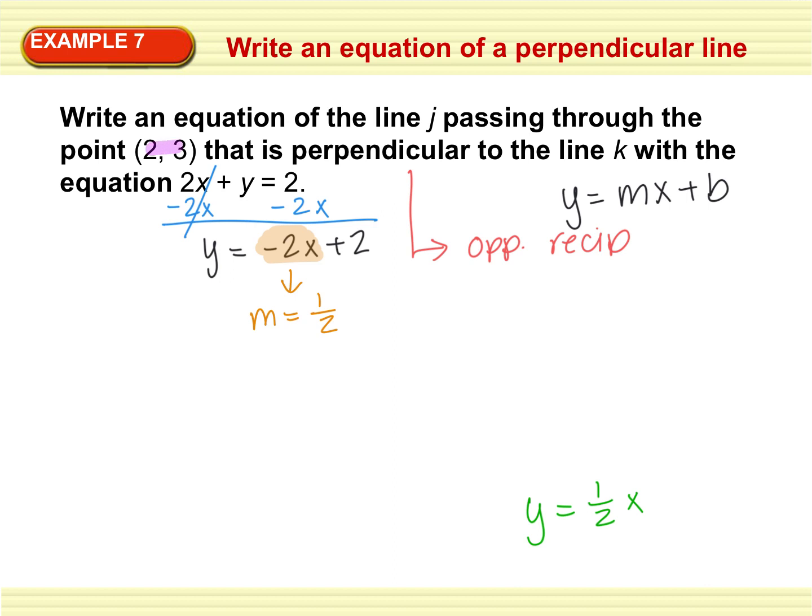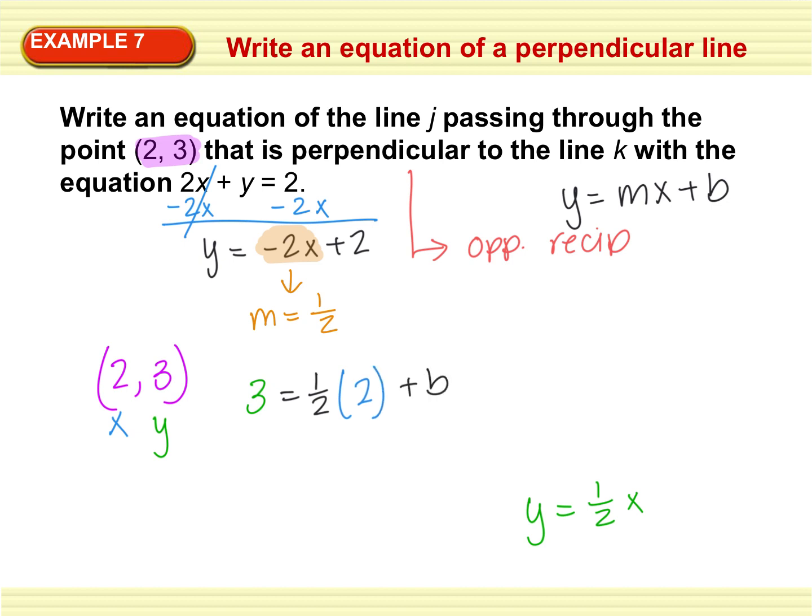Taking these points, plugging them in. I have my x, I have my y. So I'm going to have 3 equals 1/2 times 2 plus b.